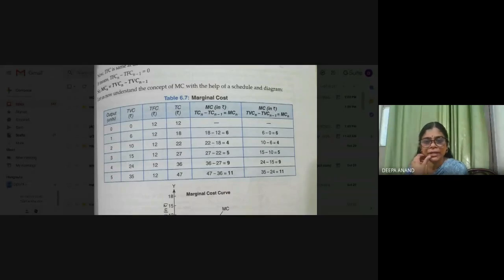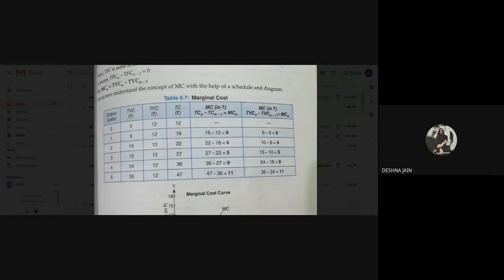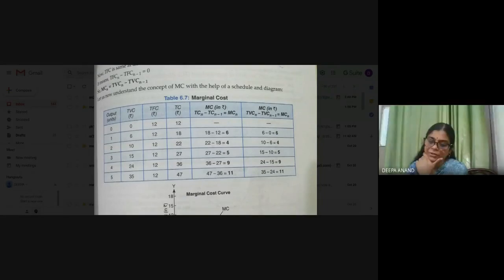Another way to calculate MC is equal to change in total cost upon change in units of output.